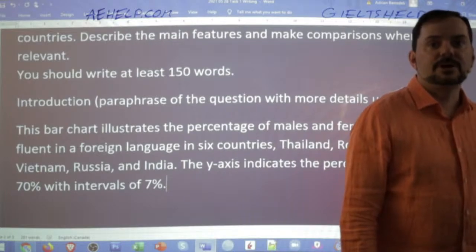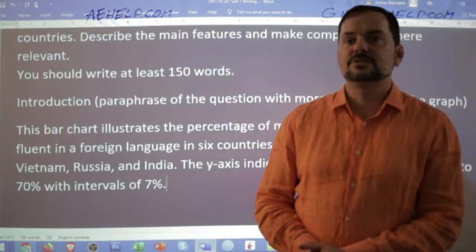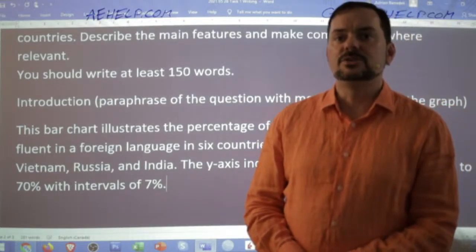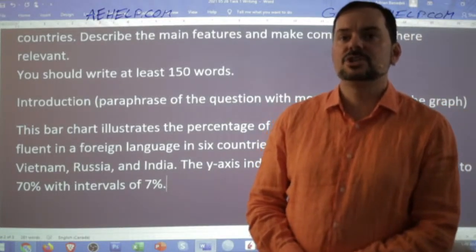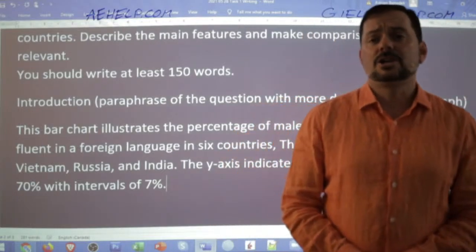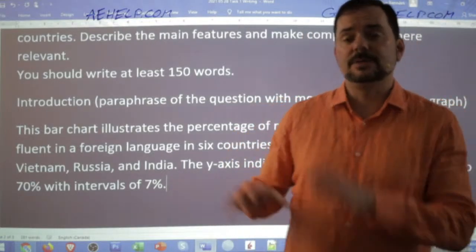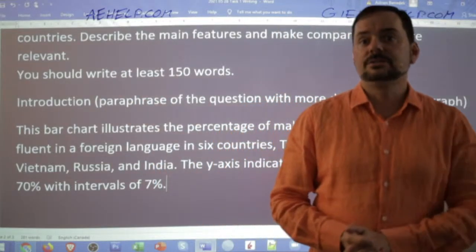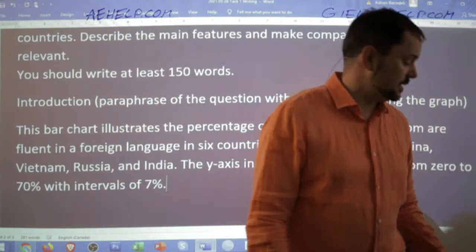Kashirsha says the bar chart depicts the percentage of males and females with linguistic skills in 2 Eastern European countries, Romania, Russia, and 4 Asian countries, Thailand, China, India, and Vietnam. Kashirsha, nice observation about the actual continental segregation. Okay, that's kind of interesting for sure.